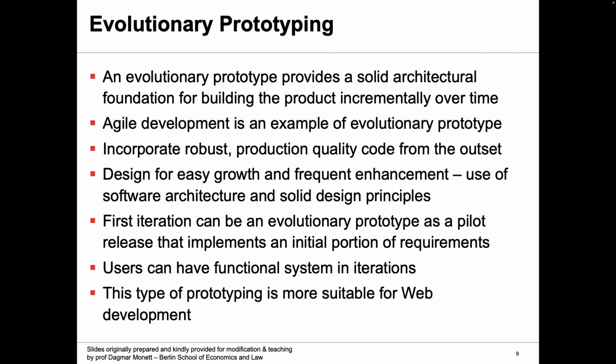So, yeah, agile development is an example of evolutionary prototype. In agile, the teams working in the agile methodology construct the product through a series of iterations. They use a lot of feedback on the early iterations to adjust the direction of the future development of the product.